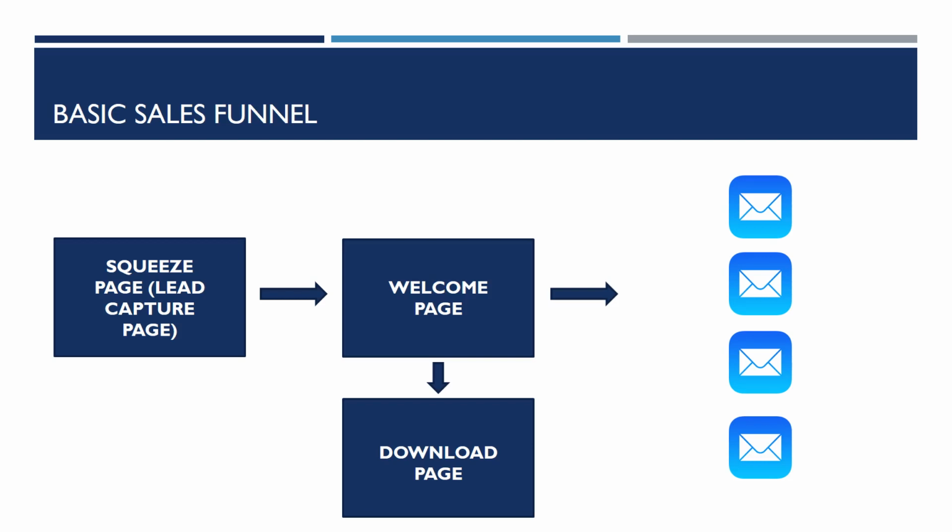On your screen right now, you see the basic sales funnel for network marketing. We have a lead capture page. And at that lead capture page, we are offering something of value, which is typically your network marketing presentation. A lot of times your company presentation is framed in a way to solve a problem that your market has.